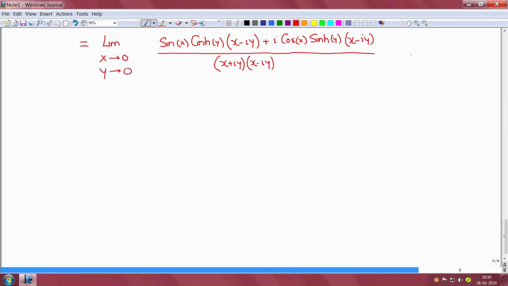Okay. (x plus iy) into (x minus iy) is equal to x squared plus y squared.